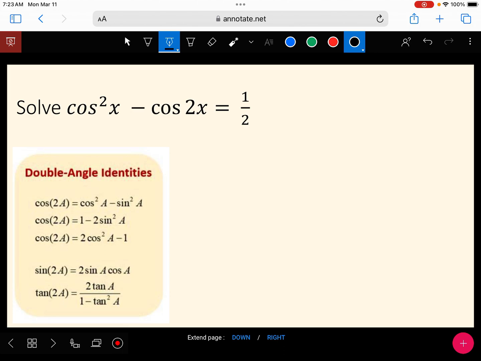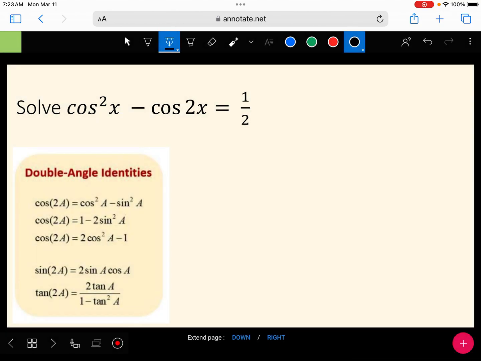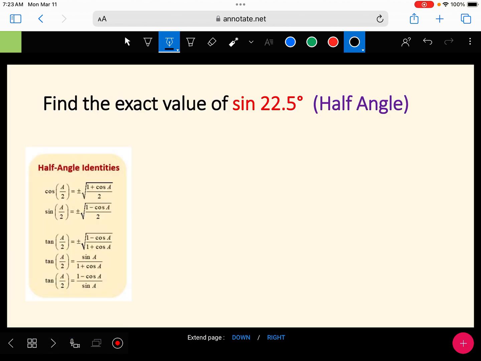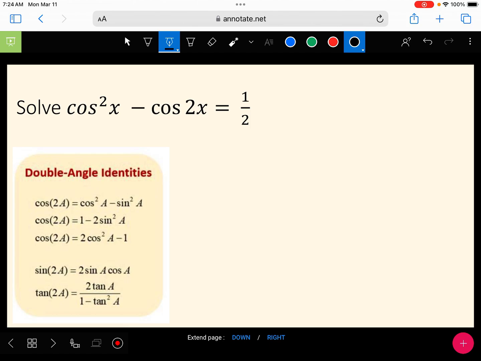Okay, let's go ahead and solve this one. Let's copy this down real quick. Okay, yeah, so we have 2 equations to solve.